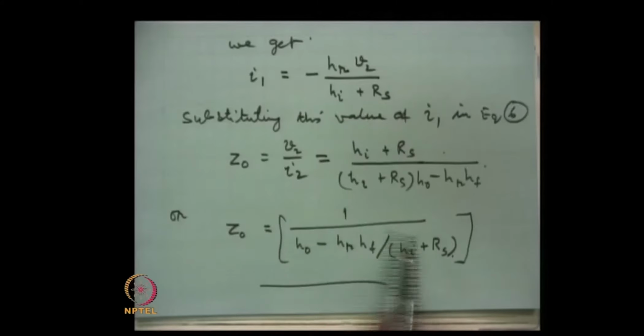Those H parameters were for the device, and what we have now derived are the expressions for the parameters which characterize the amplifier as a whole. And it is very important, because once we know the H parameters of the device, we can substitute in these expressions, and knowing, for example, the source and load resistance, we get the value of this.